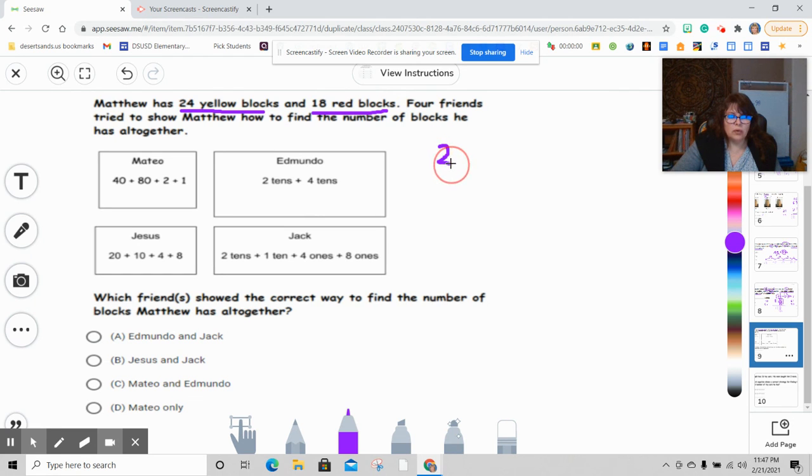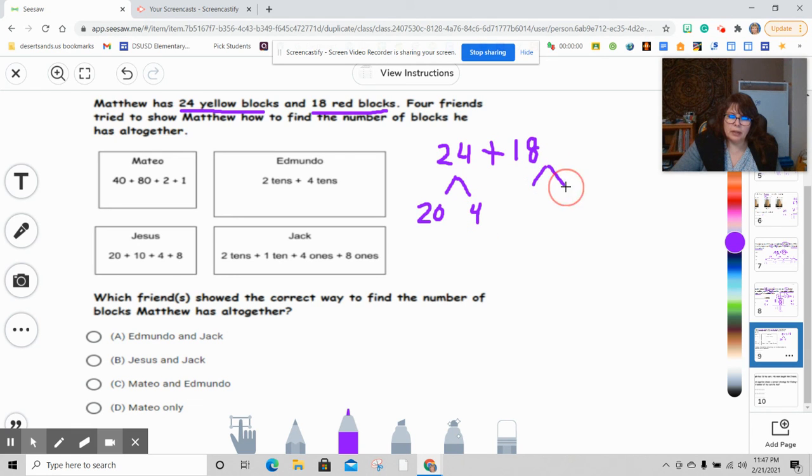So I'm going to have 24 plus 18. Now Mateo says that he has 40 plus 80 plus 2 and plus 1. Now if you look at the number 24, we can get 20, and then we can get a 4.